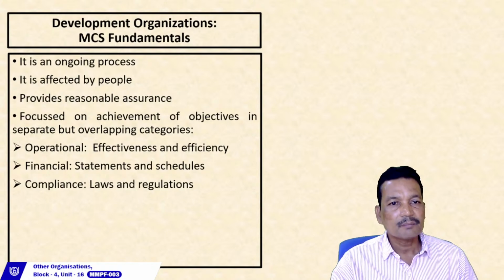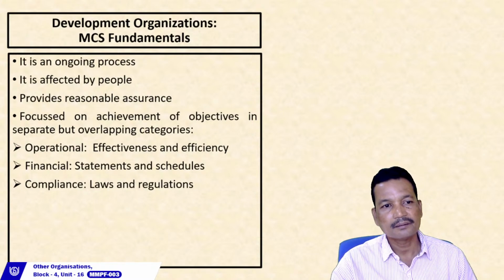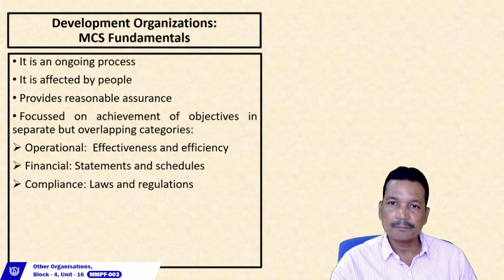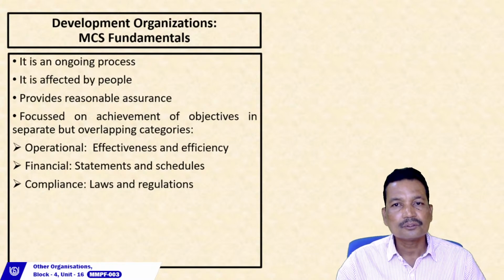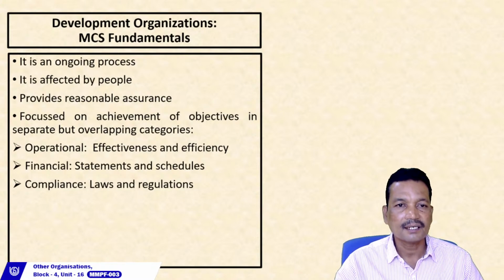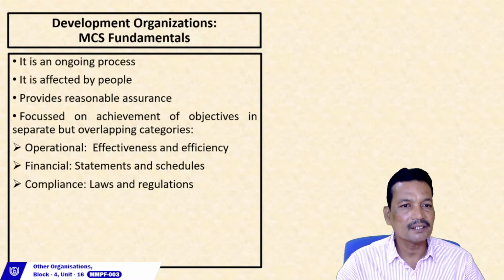These developmental organizations are affected or influenced by people, because it is for the people that the activities are being undertaken. So their mindset, their requirements, etc. affect the developmental activities.